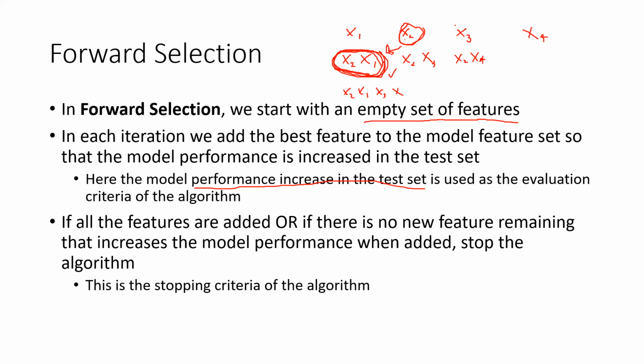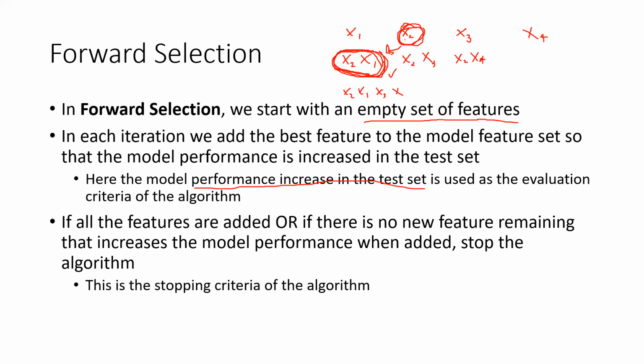Because we have removed this combination, when we are selecting this one, we have missed the x1 and x3 combination, right? Because neither x1 nor x3 is better as an individual feature, and x2 is performing better as an individual feature. Because of that, x2 got selected.